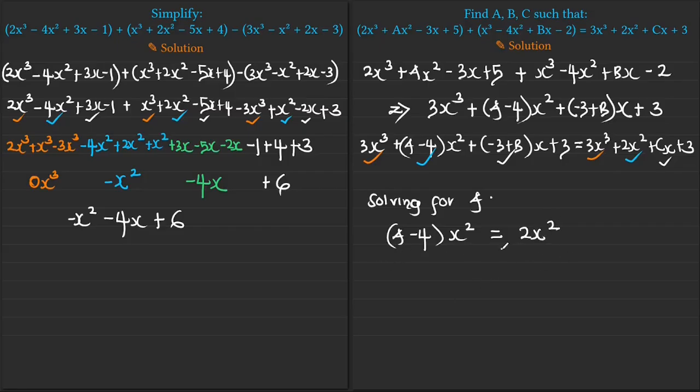And since they are all x squared, we just equate the coefficients. So a minus 4 is equal to 2. Making our a the subject, you see our a is equal to 2, then plus 4, which is 6. That is, a has been solved.